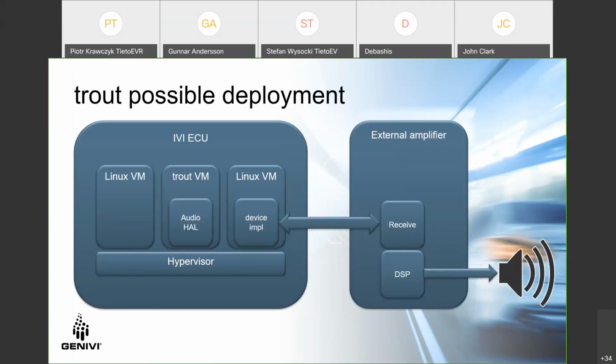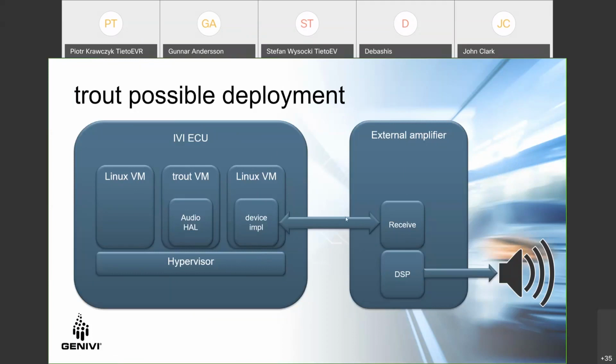So possible deployments for Trout could be even some kind of real hardware, but from our perspective, the most interesting thing is that on one ECU, you can deploy Trout in an almost untouched way, but because of the virtualized HALs, you can then deploy a Linux virtual machine consisting of device implementations that will interact with the HALs.